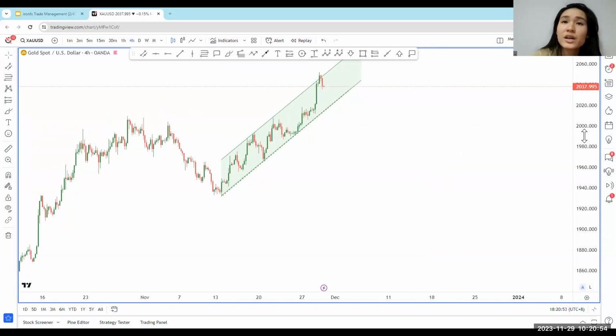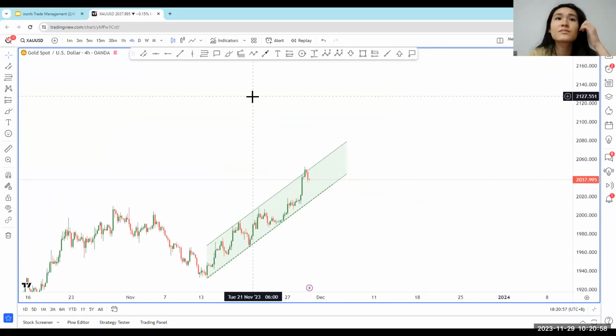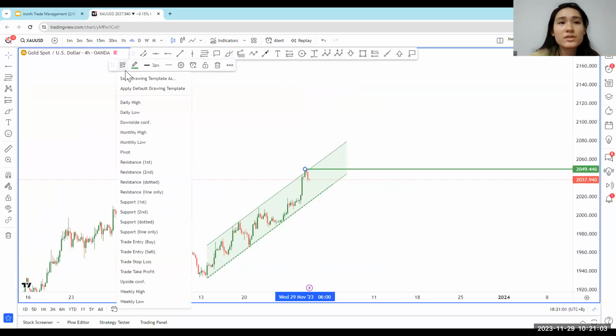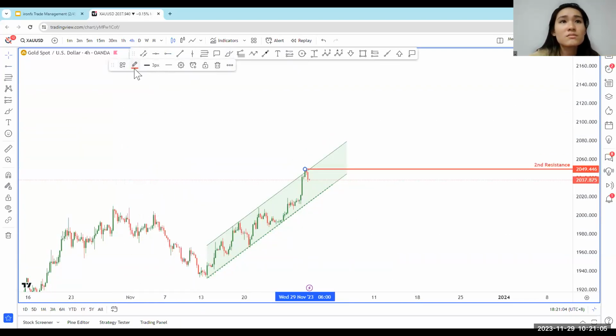Now let's go in with our support and resistance levels. Here is going to be my first resistance. Just a second, let me connect my mouse.